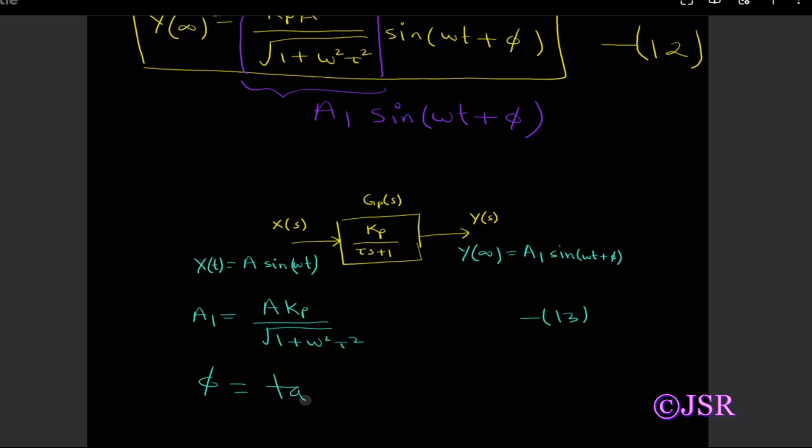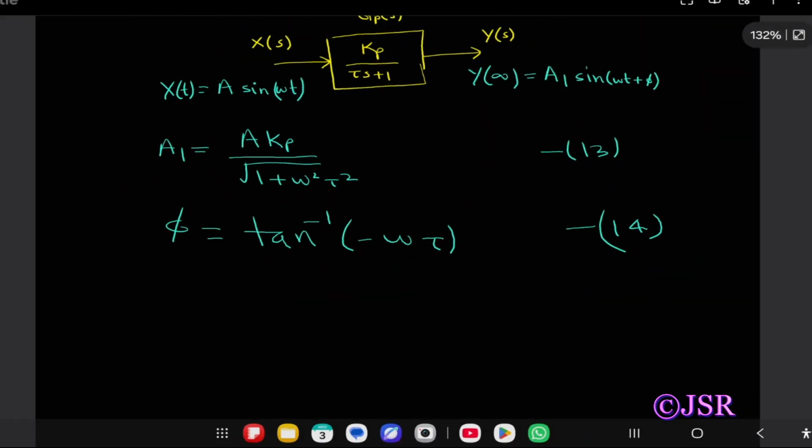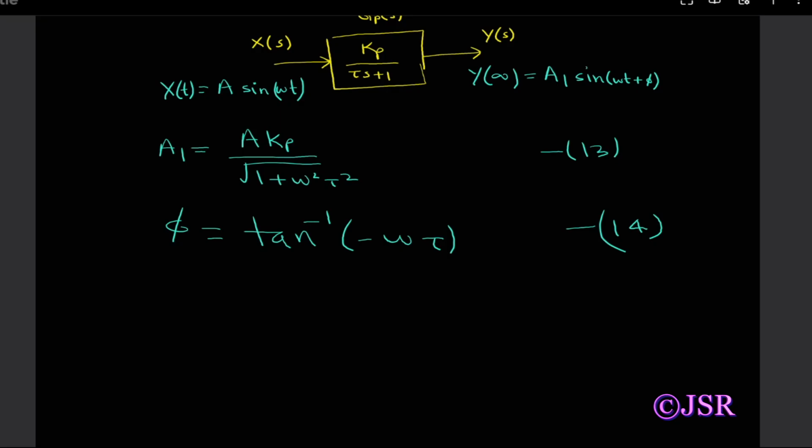And the phase angle is tan inverse minus omega tau, and this is equation number 14. This is for the first order system, right? For the second order system it will be different, but again for the second order it will also give you the sinusoidal output, right?